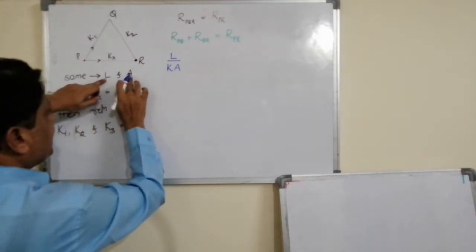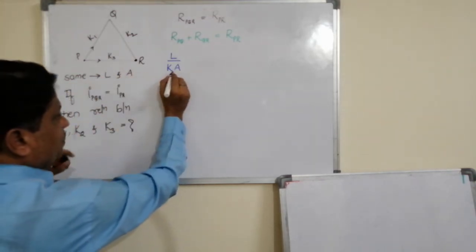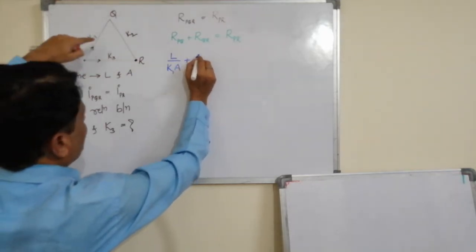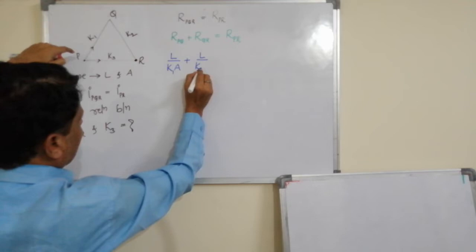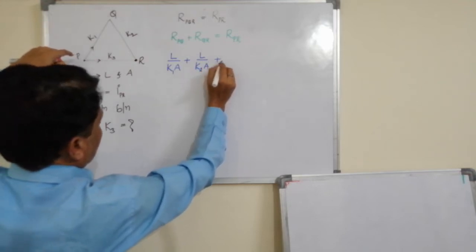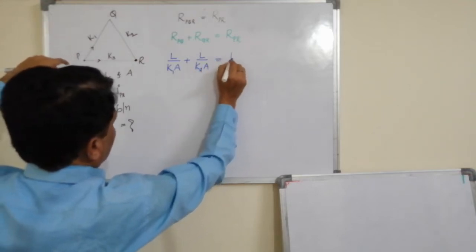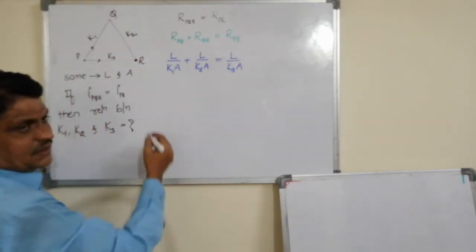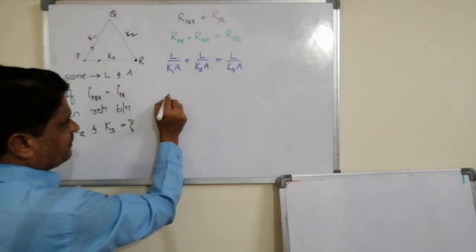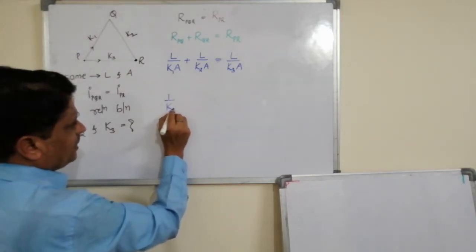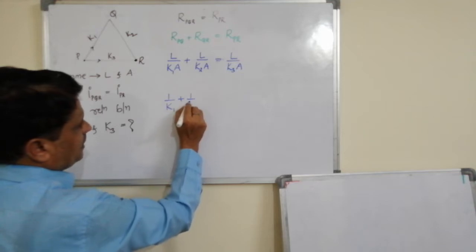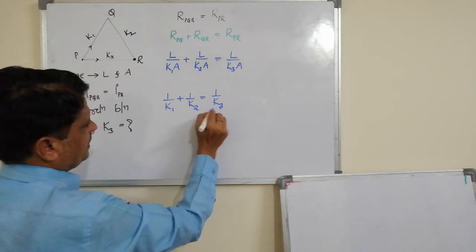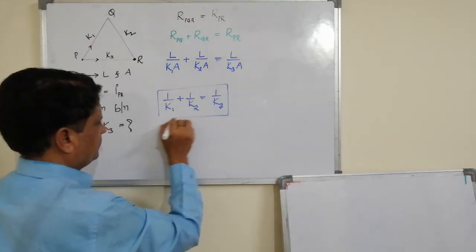Length and area remain the same, so no need to differentiate. So it is L by K1A plus L by K2A is equal to L by K3A. If you take common and simplify, your answer will be 1 by K1 plus 1 by K2 is equal to 1 by K3. Note down.